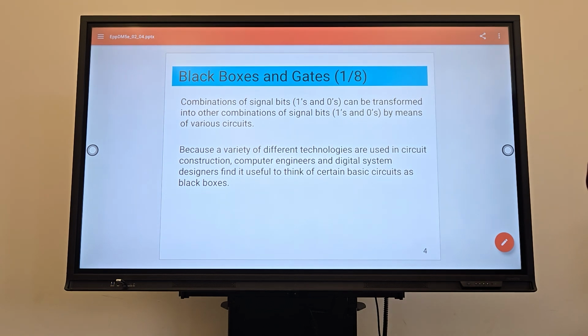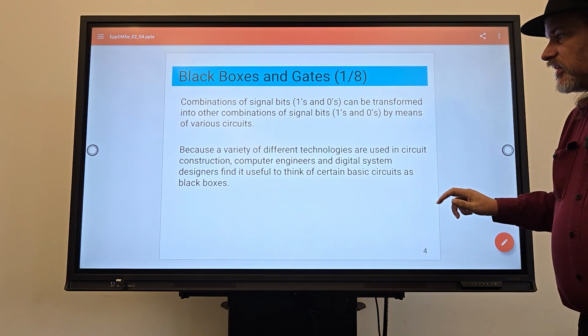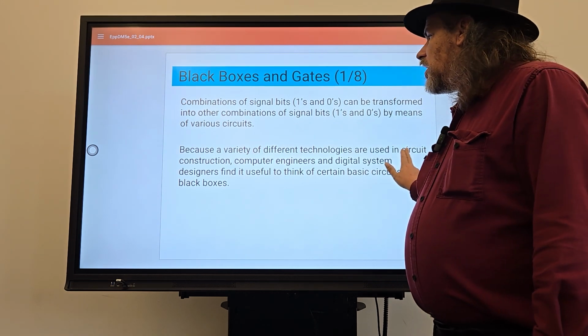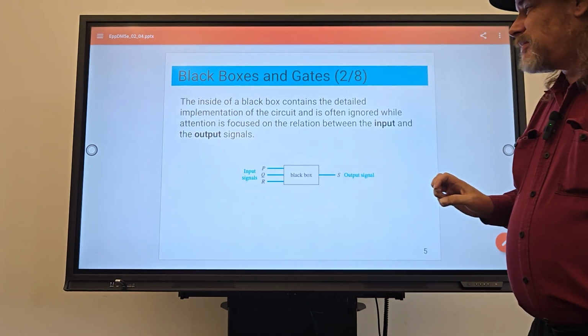What's going on inside the gate is not really relevant. As long as the input signals generate predictable output signals, everything should be fine. How it works on the inside doesn't really matter that much.